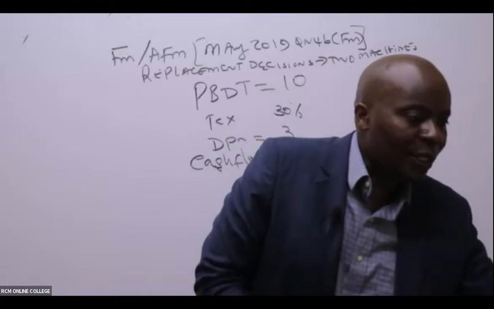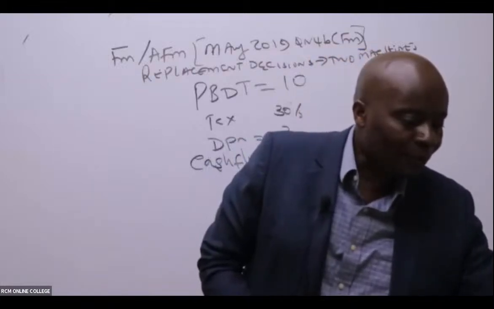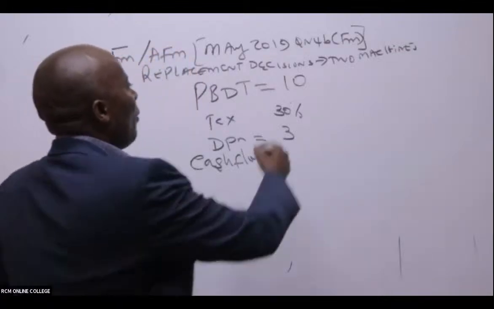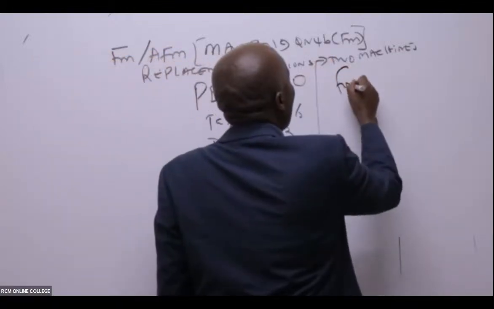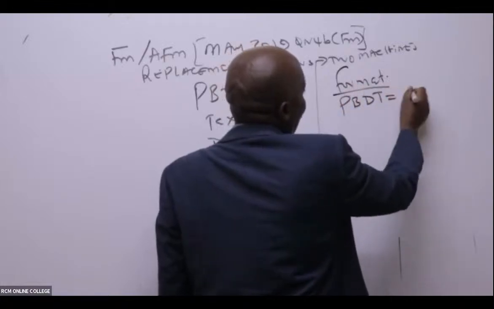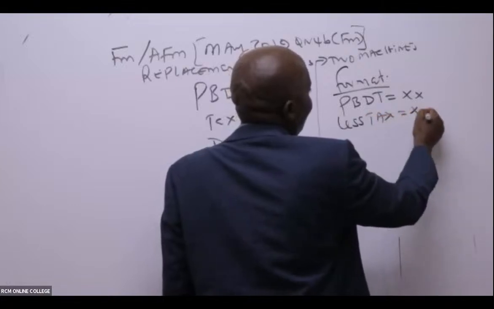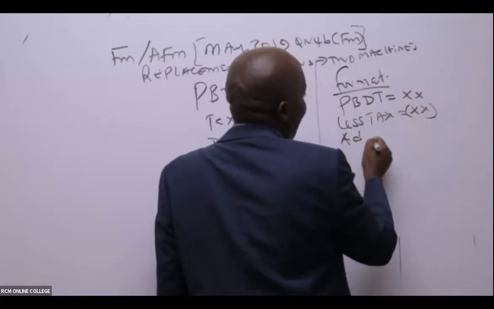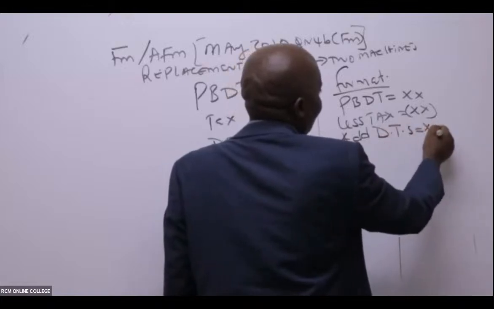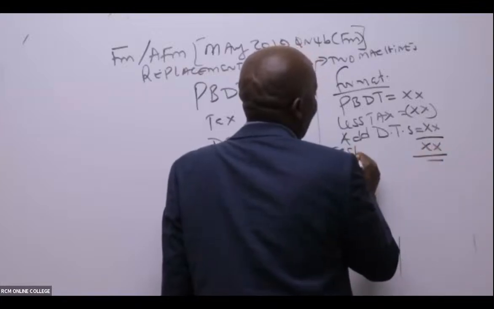I'll be so happy if I can get this cash flow. Remember our format. If you're able to remember our pro forma, we normally take profit before depreciation and tax, less taxation, and then we add what we call depreciation tax shield to be able to get our cash flow directly.